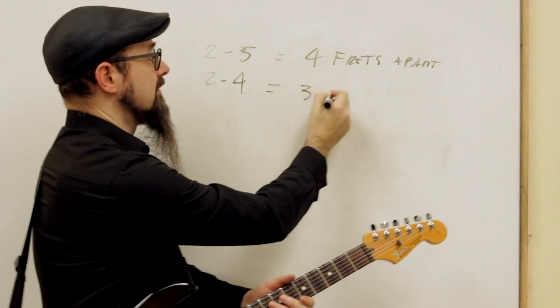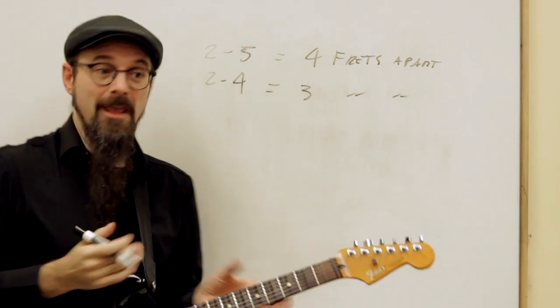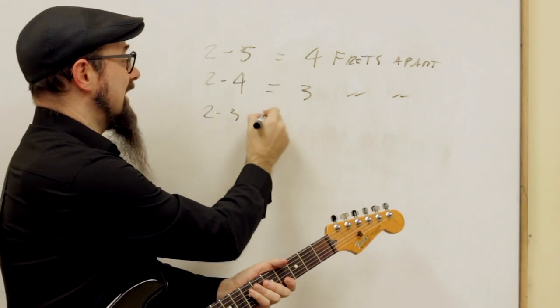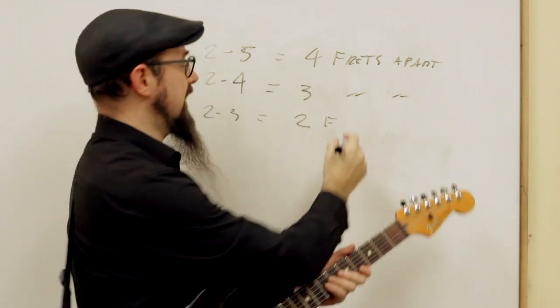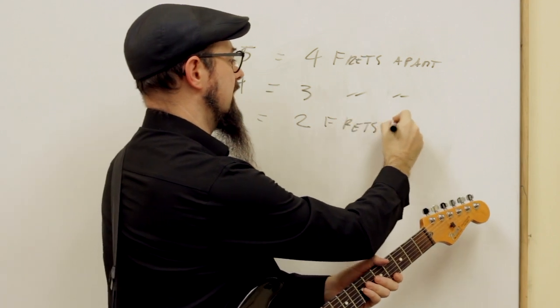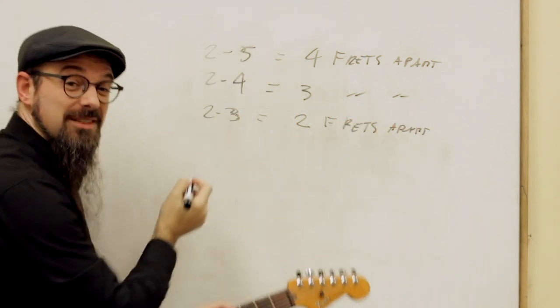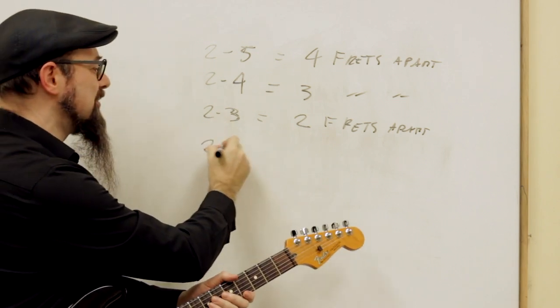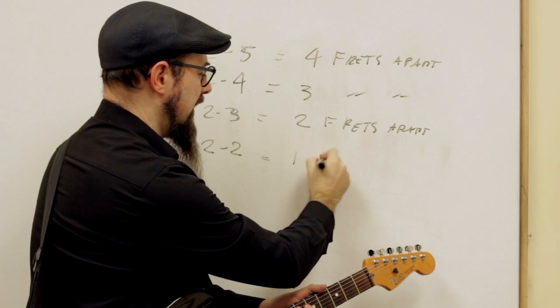So it's 3 frets apart. From fret 2 to 3, it stands to logic it's 1 less. So it's 2 frets apart. You start to see how this is breaking up, no? From fret 2 to the same fret, it's 1 fret apart. And you see at this point it doesn't make any sense.